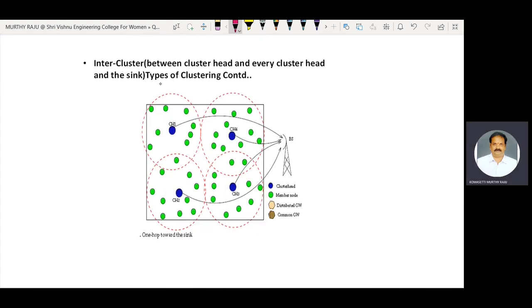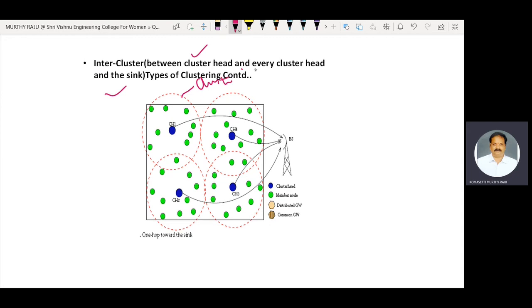Inter-cluster. Another technique is inter-cluster, between cluster heads. One technique is every cluster head to the sink, another technique is between cluster heads. In the inter-cluster technique, these are the cluster heads, blue colors. 4 cluster heads are there.